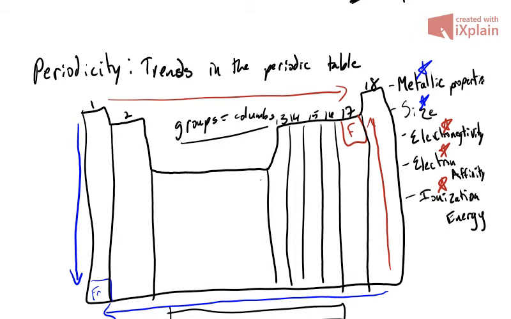So every element in group 1 has 1 valence electron. Every element in group 2 has 2 valence electrons. Every element in group 13 has 3 valence electrons. 14, 4, 15, 5, 16, 6, 17, 7, and the noble gases, group 18, have 8 valence electrons.